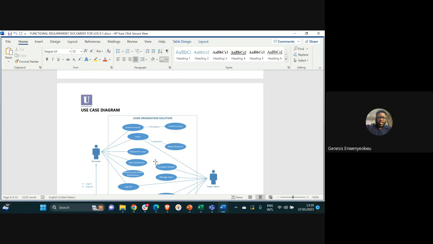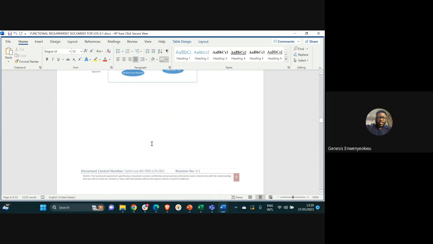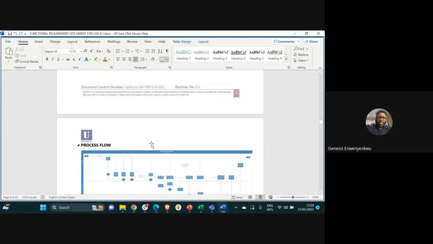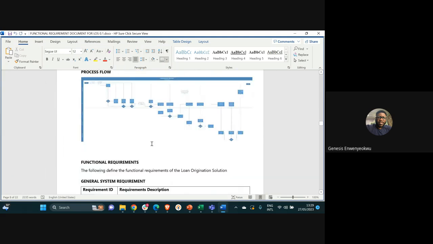So the different actors, or user groups that you identify, how are they going to interact with the system? You draw a use case diagram to represent that, and then you have your high-level process flow diagram, which would explain the end-to-end process for loan origination.